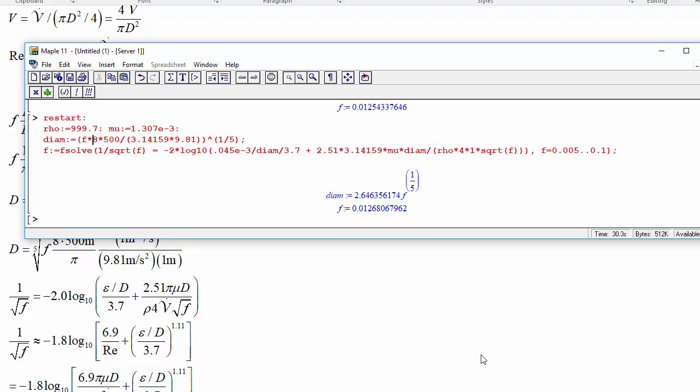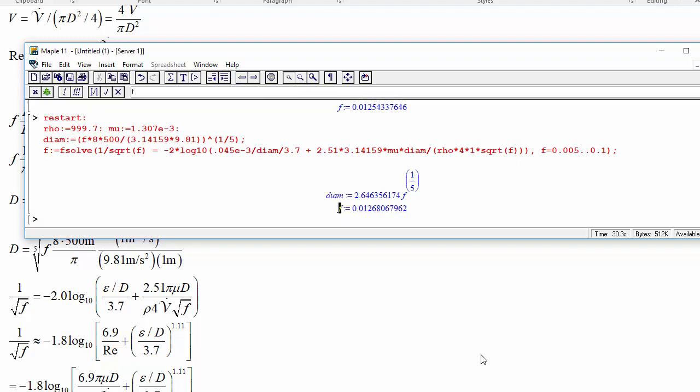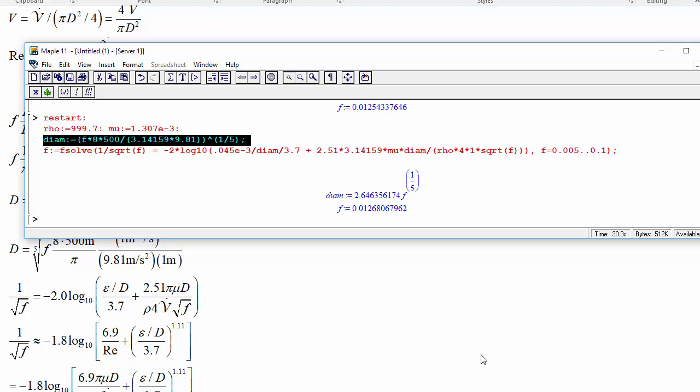So okay, this actually was able to fsolve using its numerics. It was able to do some really nuts stuff where you just take the diameter in terms of the friction factor, sub that into here, and then fsolve doesn't care. You don't need this iterative solution. It's able to solve all the way through and get the real friction factor, and then sub that back into the diameter expression at the end.